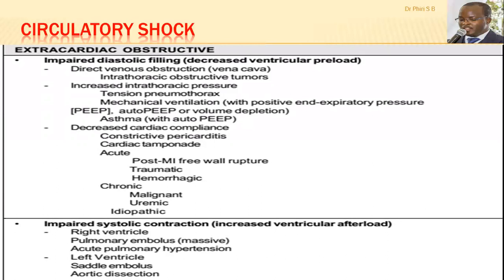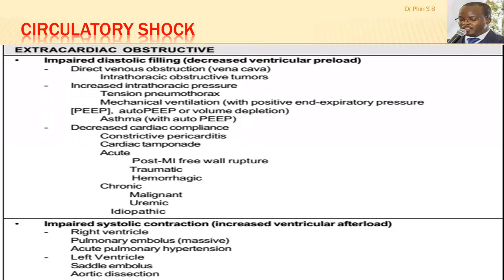And also, if that is taking place within the aorta, you find that the cardiac output is also going to decrease. Then also in asthma, and decreased cardiac compliance in constrictive pericarditis and in cardiac tamponade, like I've already explained. You can have acute cases, chronic cases, idiopathic, where you don't know the cause.